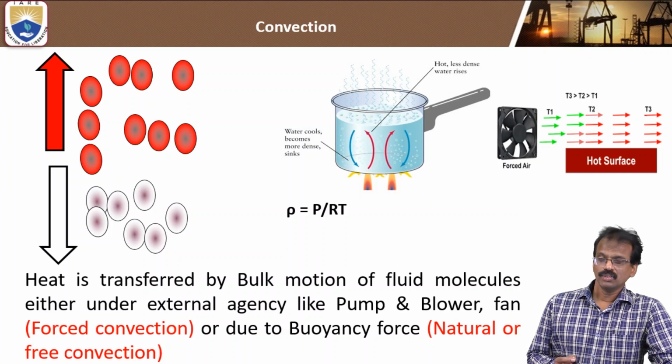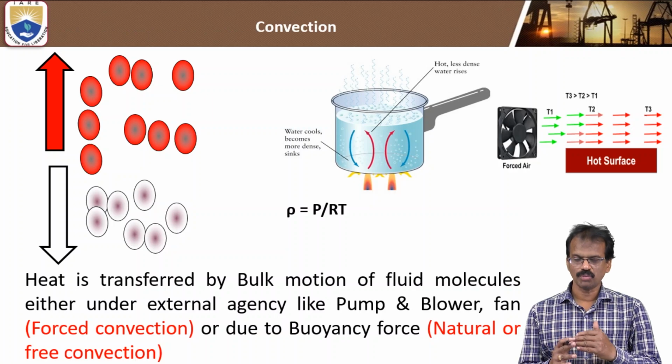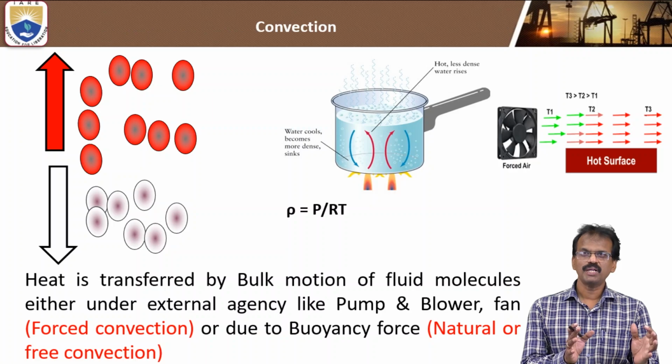But this movement of the particles from bottom to top or from one place to another is of two types: natural movement of the particles, or movement of the particles by some external agent.